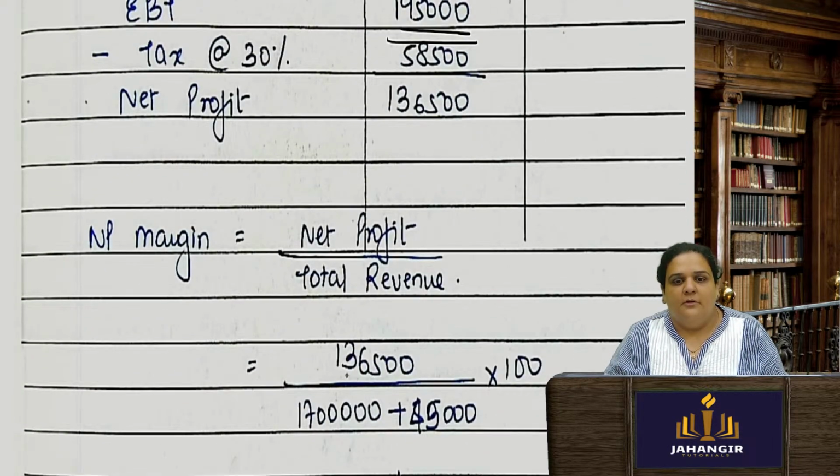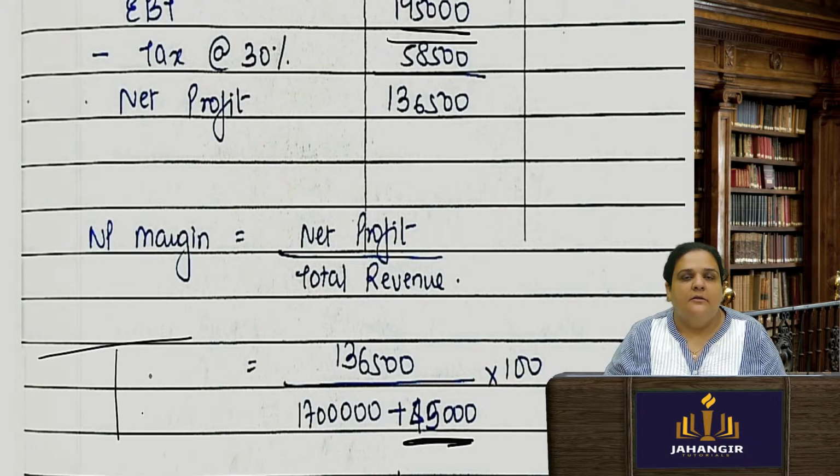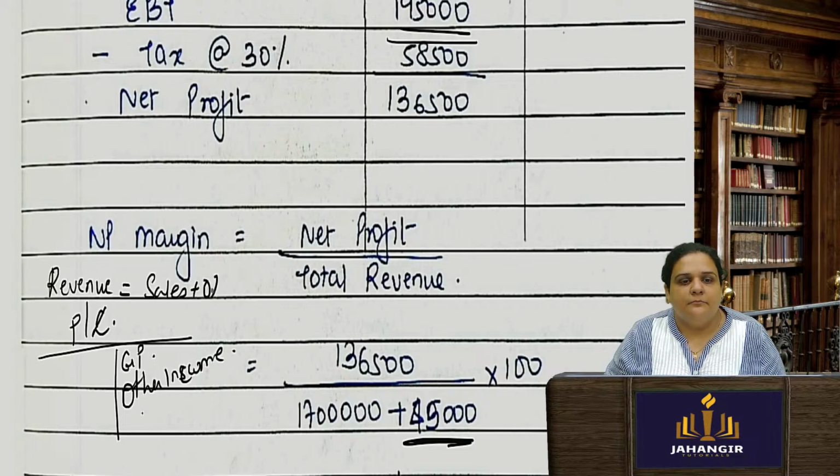When you make this P&L, this profit and loss, you write your gross profit here, you also write your other income, no? So basically your total revenue will include everything, your sales plus your other income.